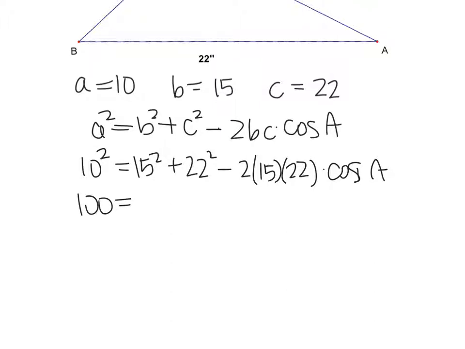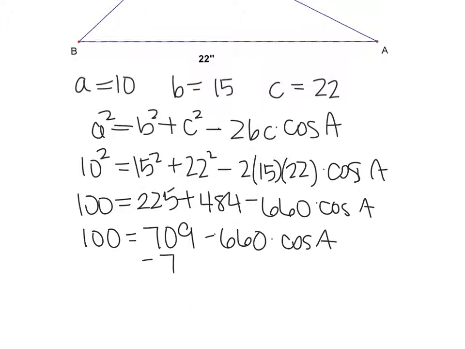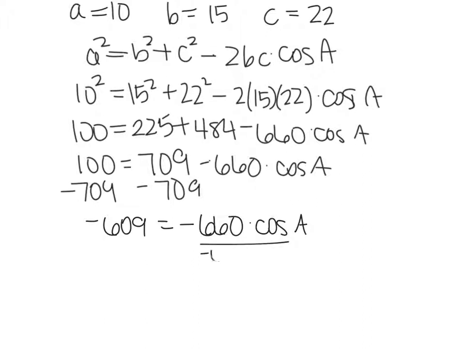So we get 100 equals 225 plus 484 minus 660 times the cosine of A. So 100 equals 709 minus 660 times the cosine of A. We subtract 709 and get negative 609 equals negative 660 times the cosine of A. Divide by negative 660.